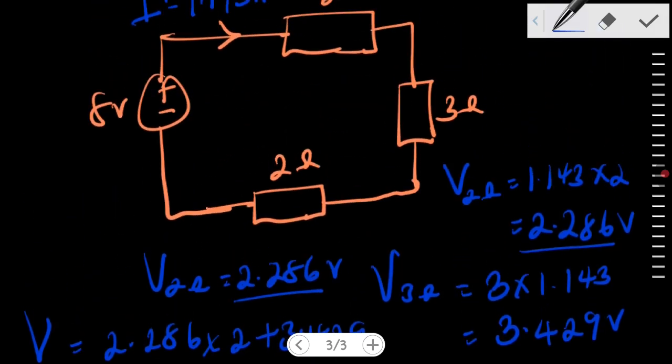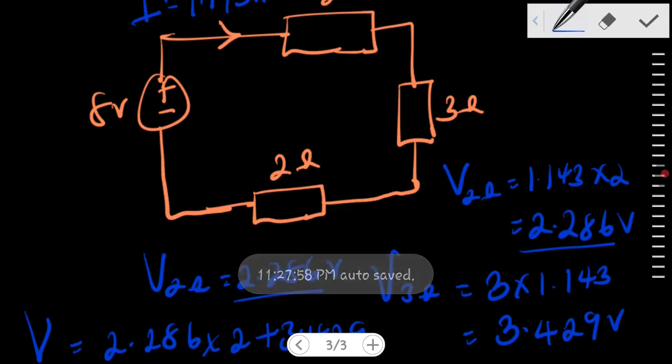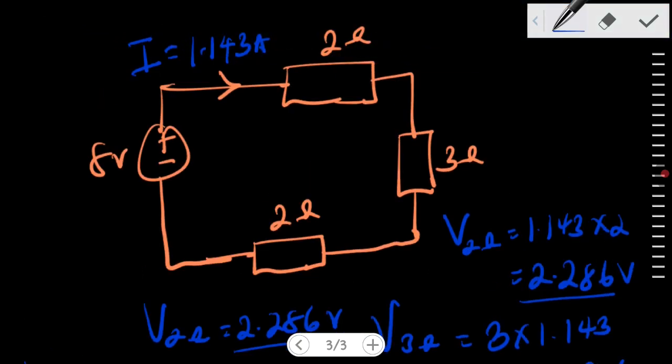That means that we are on track. So that's how I would calculate the current and the PD across each resistor for this circuit.